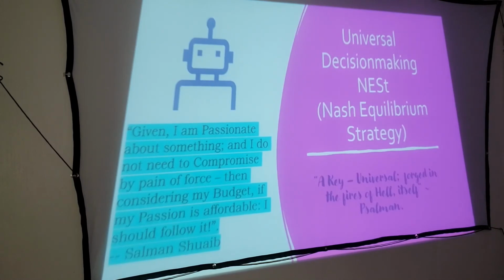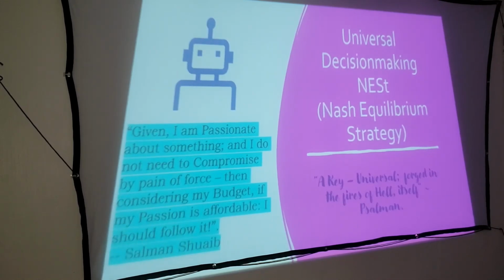So let's see, given these parameters, given I'm passionate about squash and I do not need to compromise by pain of force, so there's nobody forcing me to not play squash. So we go on ahead. Then considering my budget, what is my budget? It's not in my budget. If my passion is affordable, it's not affordable, I should follow it. So in this case, playing squash is rejected.